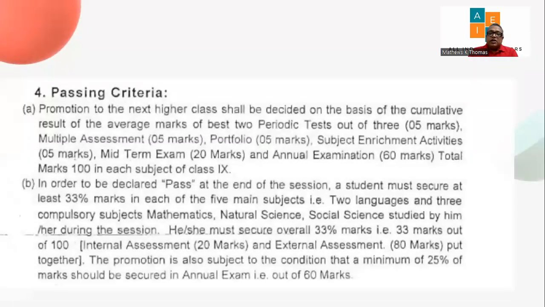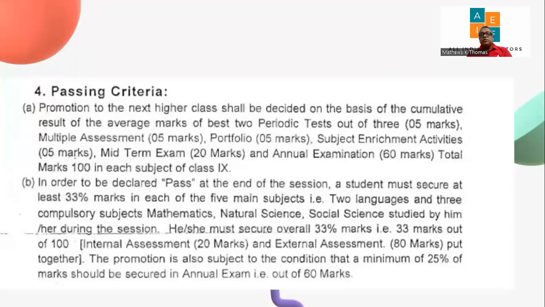Then moving ahead, we see the passing criteria. Now, this is very, very important. 33% is the passing mark. So every student, irrespective of whatever challenge is faced by the student or whatever conditions are given by the parent in terms of absence or shortage of attendance, whatever the problem, 33% is mandatory. 33% is mandatory in every subject.